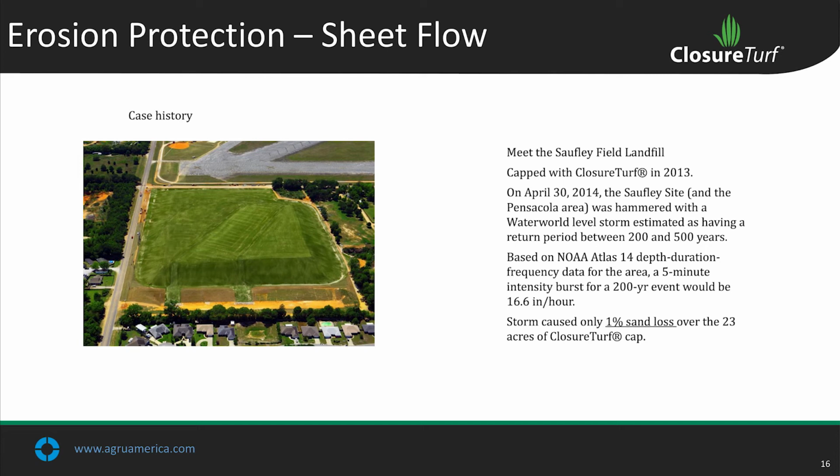Based on NOAA Atlas 14 depth, duration, frequency data for Pensacola, a 5-minute intensity burst for the 200-year event would have been 16.6 inches per hour. The whole area, including this landfill, got hammered really hard.